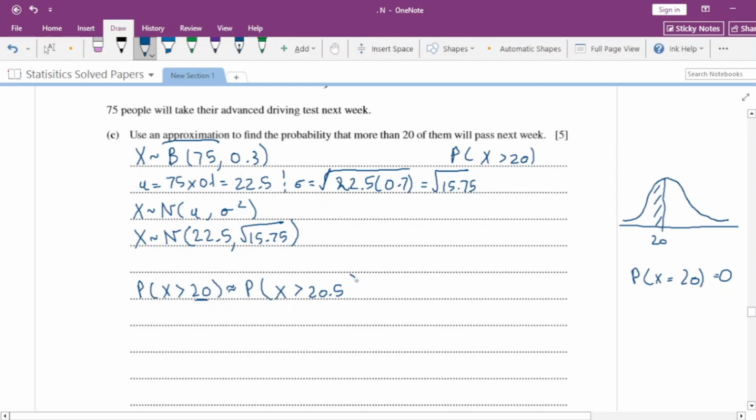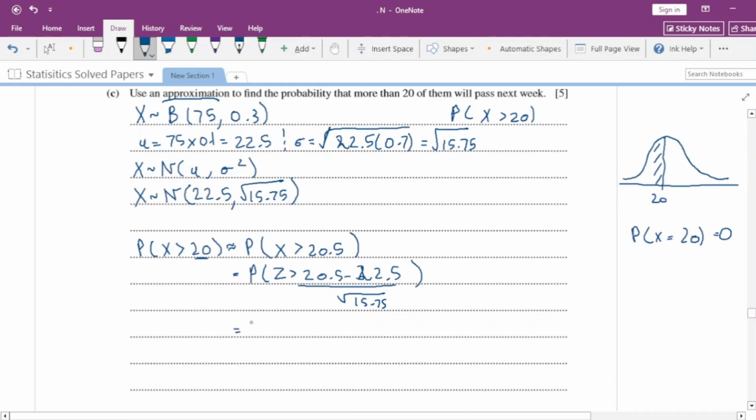Adding 0.5 to get 20.5 excludes that boundary value 20. And now we perform the standard things which we do, that would be standardizing it to a z value. That would be the probability that Z is greater than 20.5 minus 22.5 over the root of 15.75.